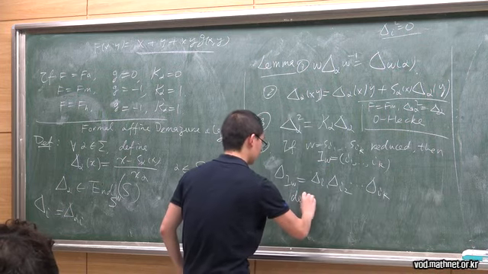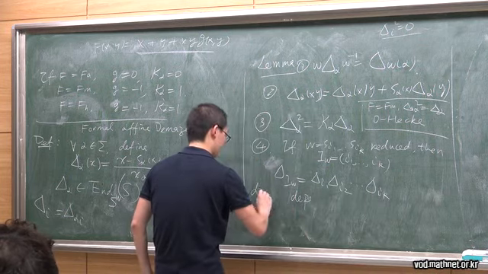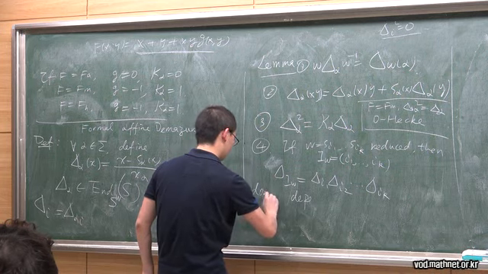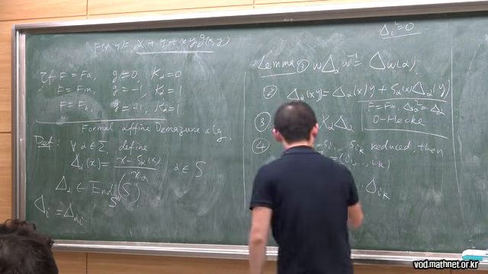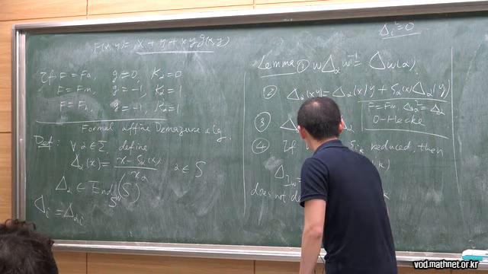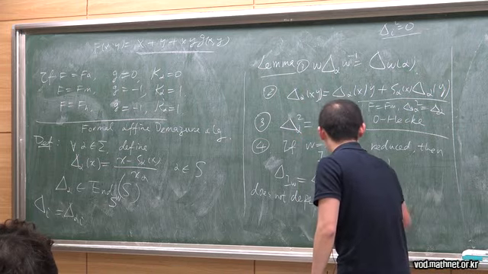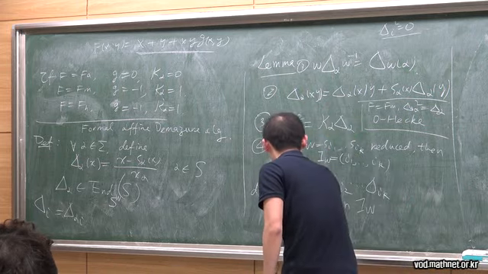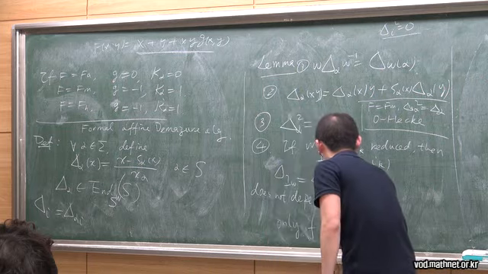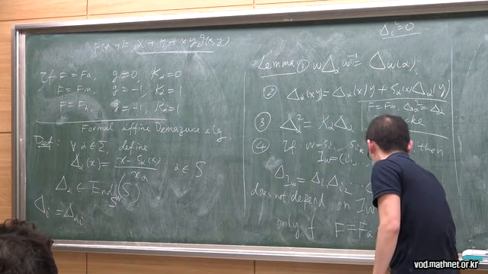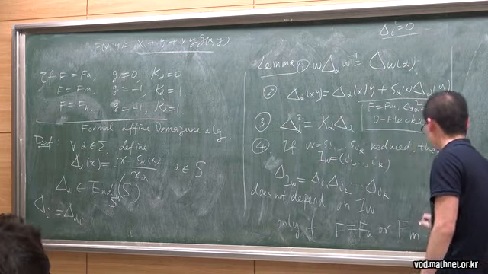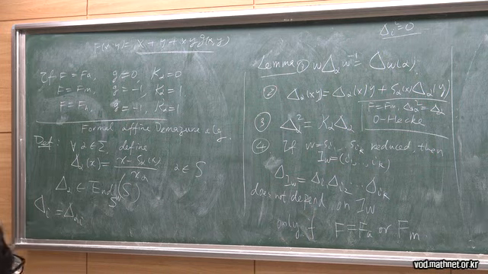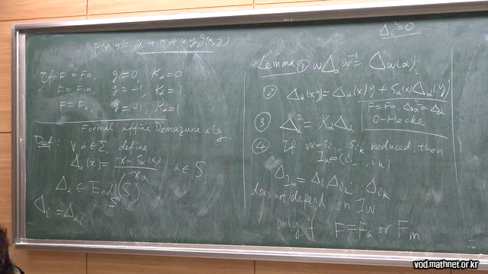And this does not depend on I_w only if F equals F_a or F_m. So this will depend on I_w unless you have additive or multiplicative formal group law. Actually, I was cheating here.